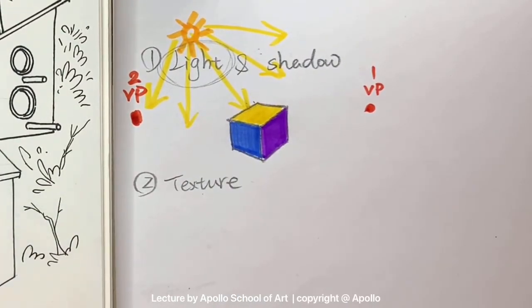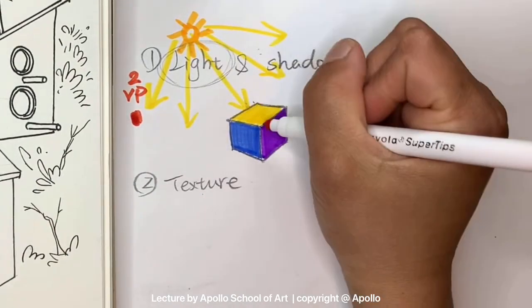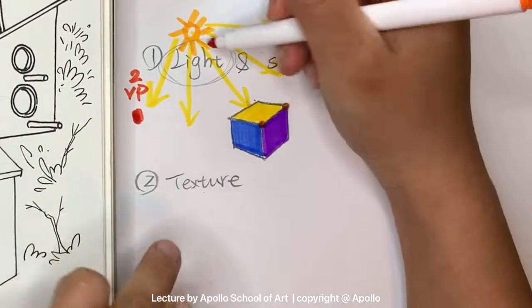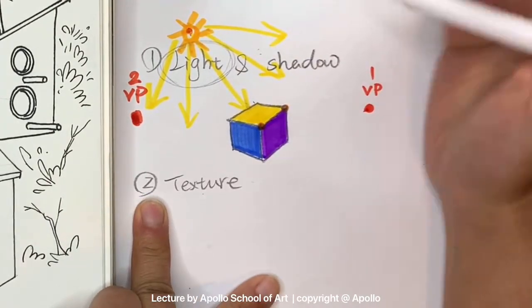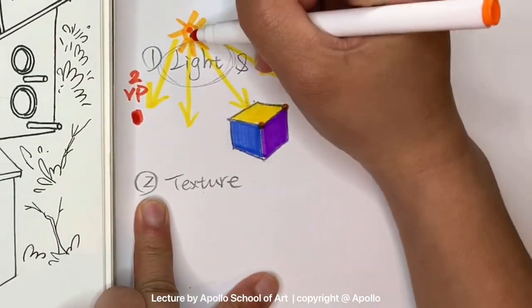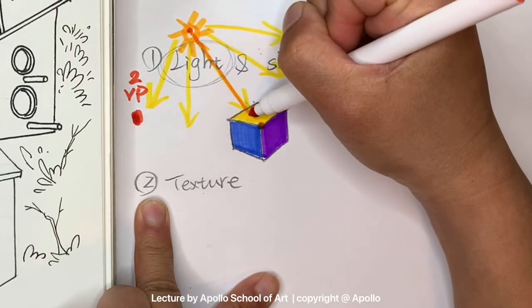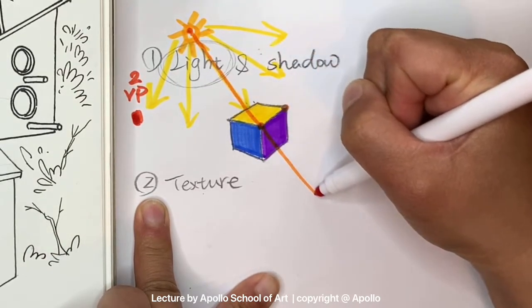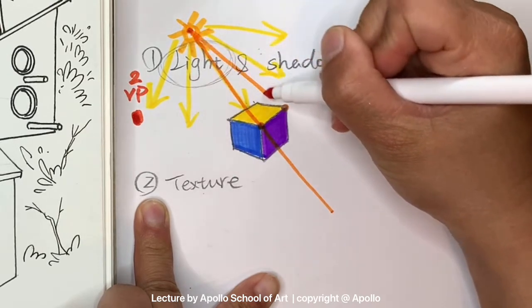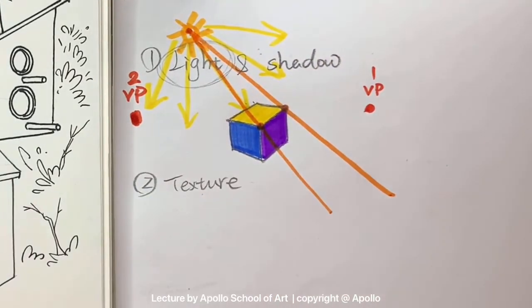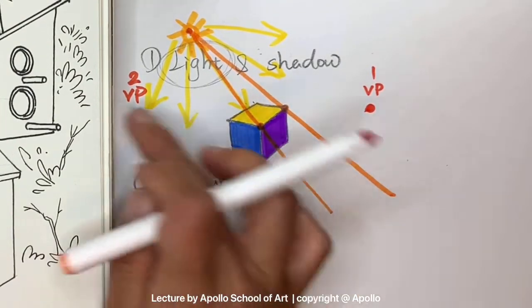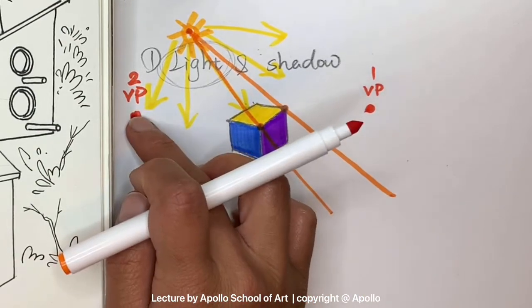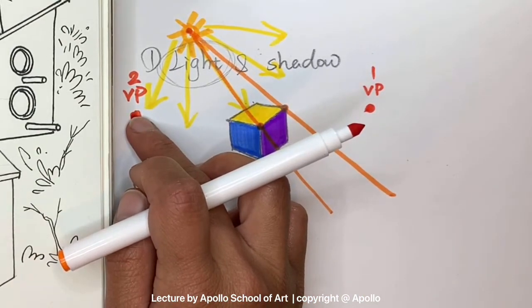So let me get my orange. From the sun, from where the light source is, which means you have to create one, we are going to drop the light, touching the top point as long as you can. Then from the left, because the shadow is on the right, we are going to connect to the vantage point on the left.